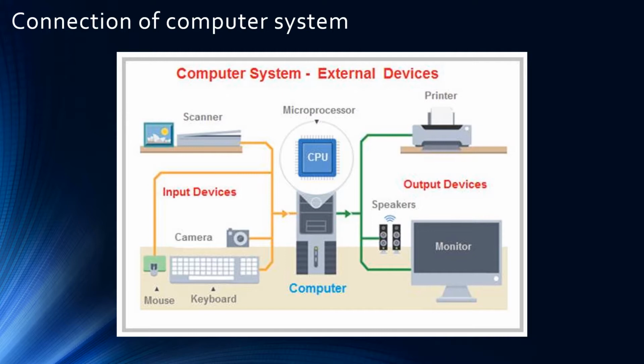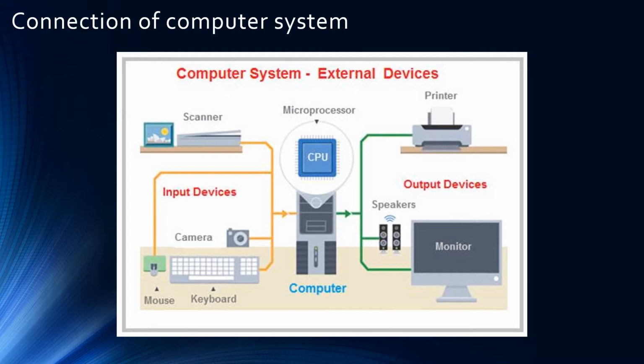The computer needs to be connected to the monitor, to the output devices, and to the input devices. A computer without any connection to output or input would be useless. So we need the computer, we need the output devices, and we need the input devices.